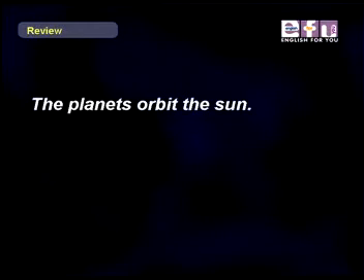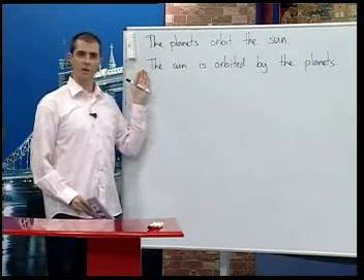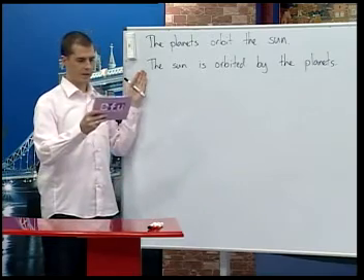The planets orbit the sun. That's easy. The sun is orbited by the planets. Good. The sun is orbited by the planets.